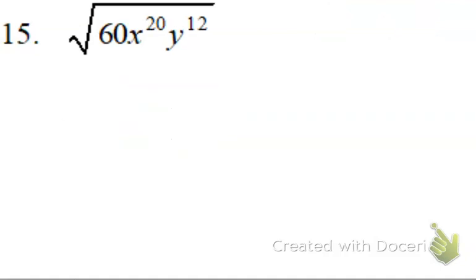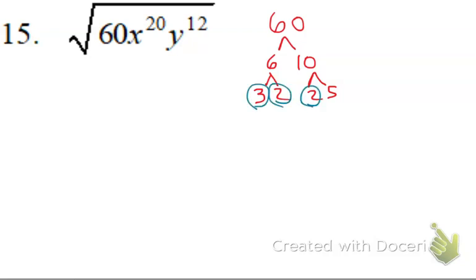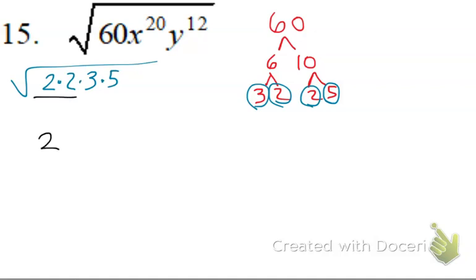15, we've got the square root of 60. Let's do a factor tree on that. Maybe 6 times 10, 3 times 2, 2 times 5. So we have a pair of 2's there. All right, so we can write that as 2 times 2 times 3 times 5. Square root of 2 times 2 is 2. We're left with the square root of 15.